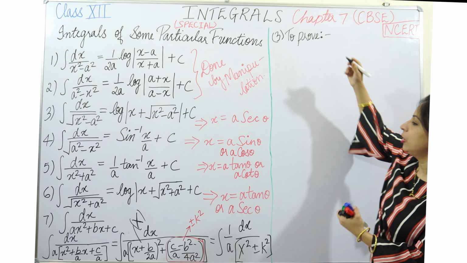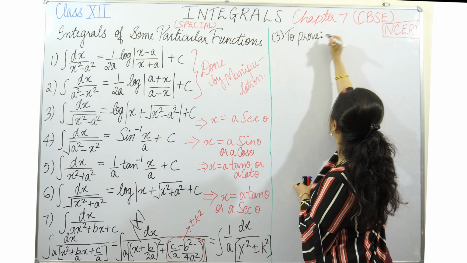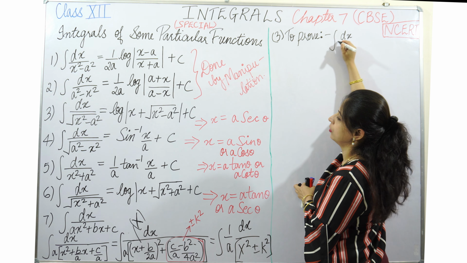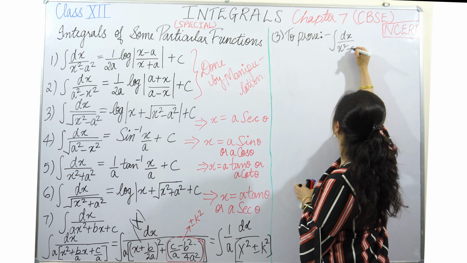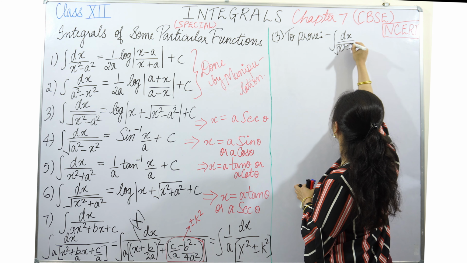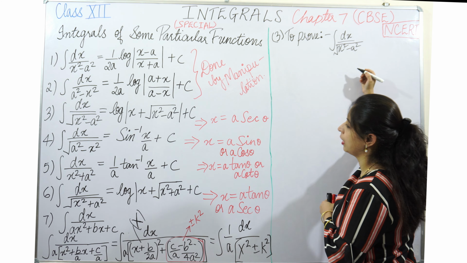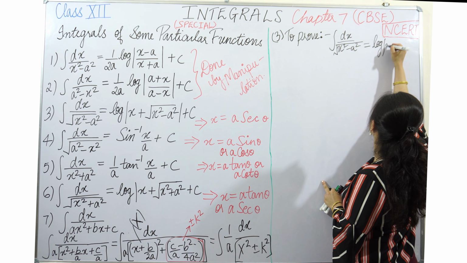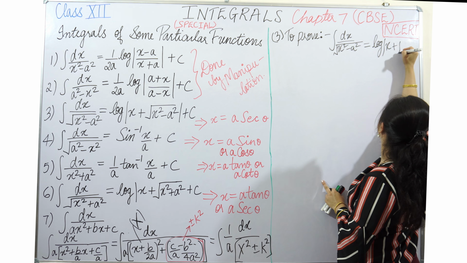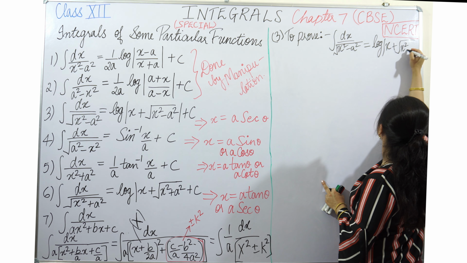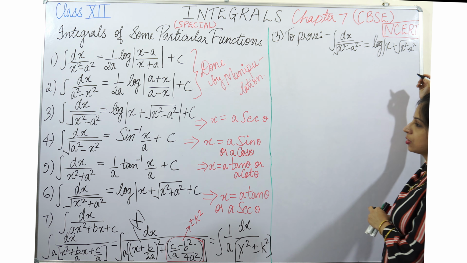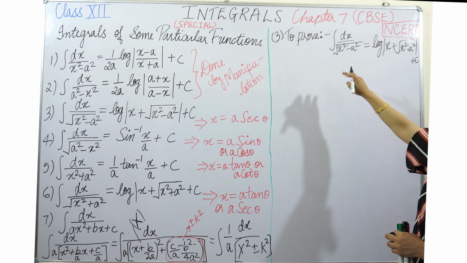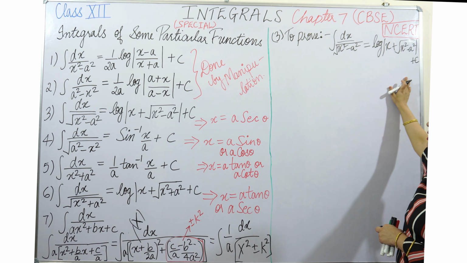Okay, so we need to prove that the integration of dx upon under root x square minus a square is equal to log of mod x plus under root x square minus a square plus c. Okay, so we need to prove this integration.